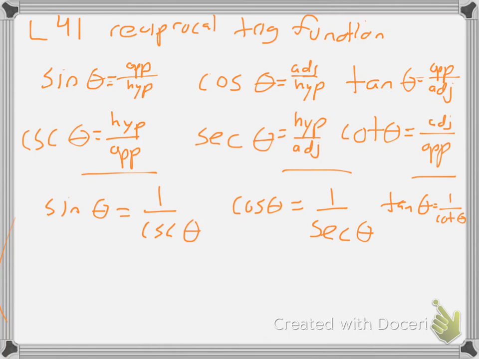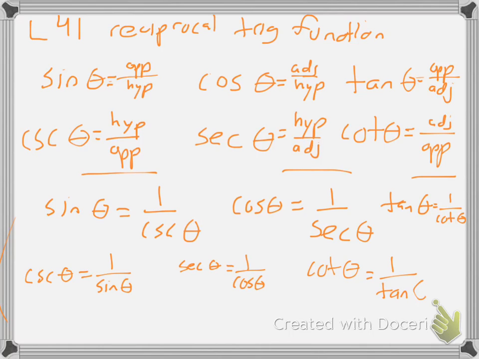Because wait, there's more. We could say cosecant theta is equal to 1 over sine theta. Secant theta is equal to 1 over cosine theta. And cotangent theta is equal to 1 over tangent theta.